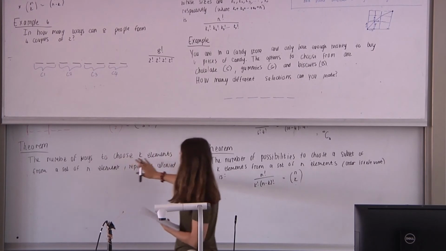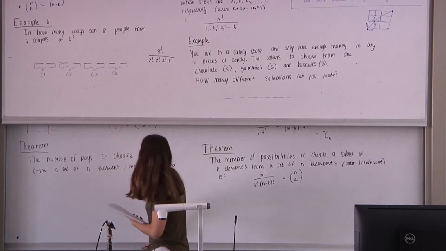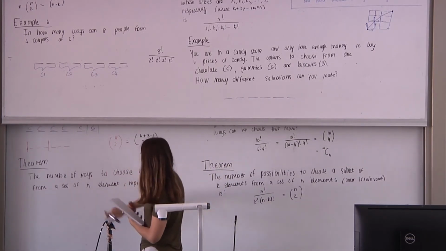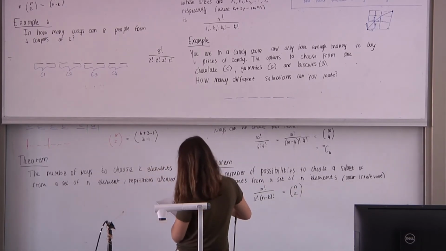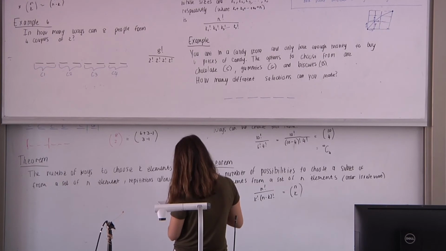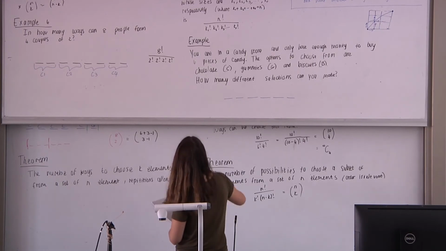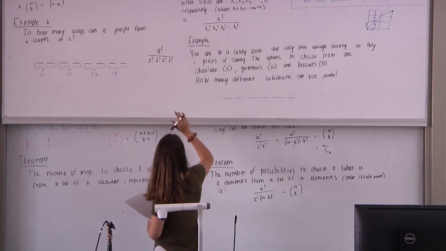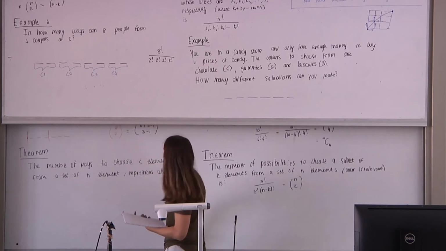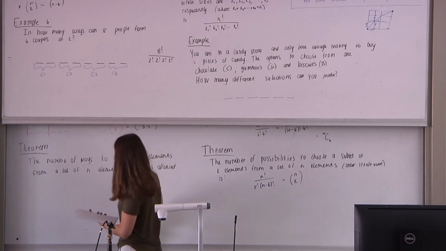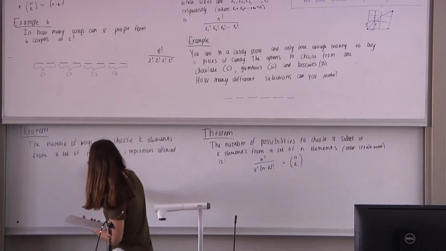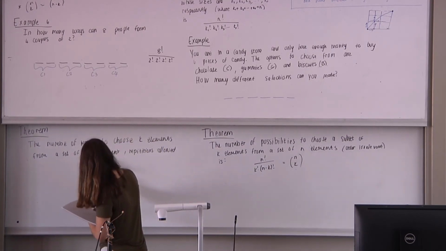So this is basically what we did. We had 6 pieces of candy and 3 types of candy, and it got us to this formula.